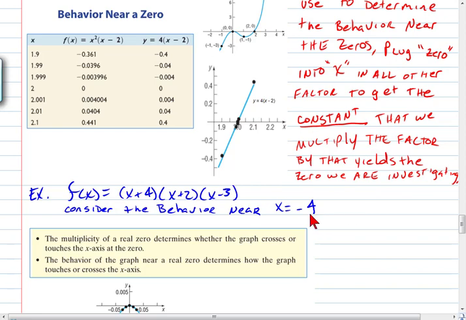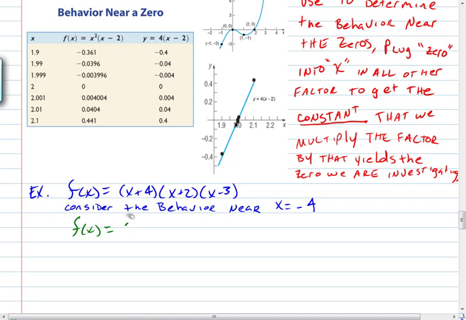Well, what we would do is we would plug in a -4 into these other factors. So what we would have is f of x equals x plus 4 times -4 plus 2 times -4 minus 3. Well, -4 plus 2 is -2, and -4 minus 3 is -7.